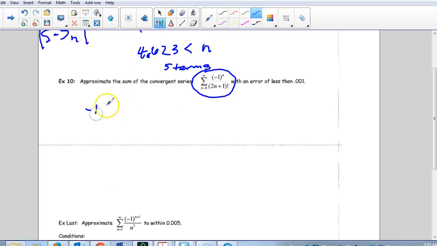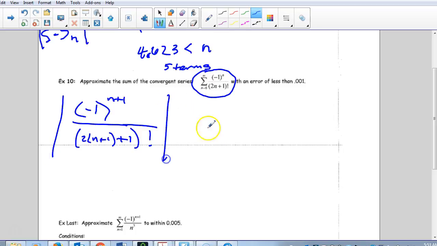You say (-1) to the n plus 1, to n plus 1 plus 1 factorial. That error has to be less than 1 over 1,000.